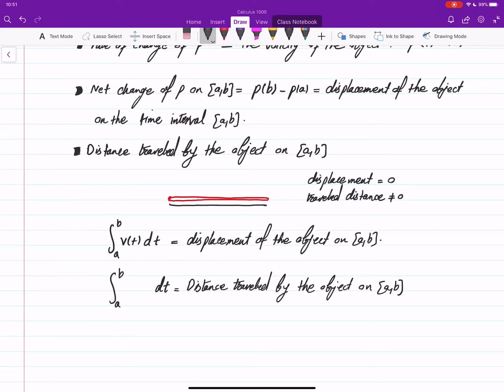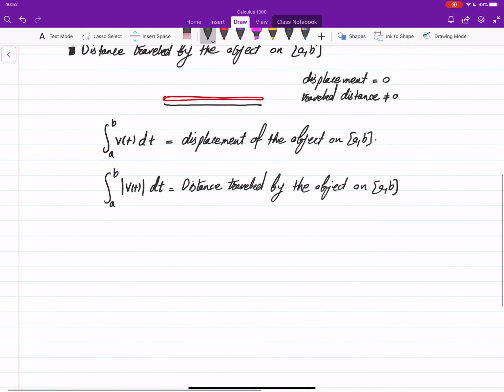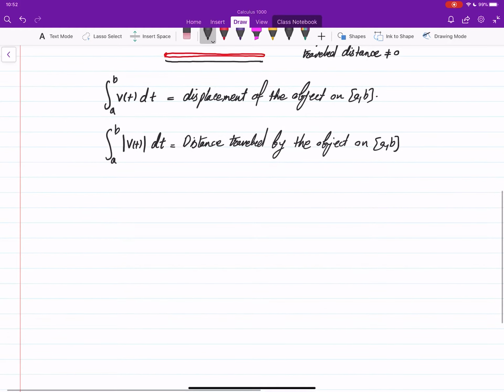The integrand is not the velocity, but its absolute value. So if you're looking for displacement on an interval, you just integrate the velocity itself. But if you're looking for distance traveled, you have to integrate the absolute value of the velocity.